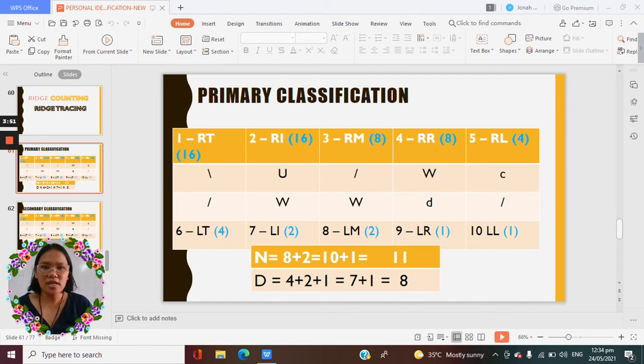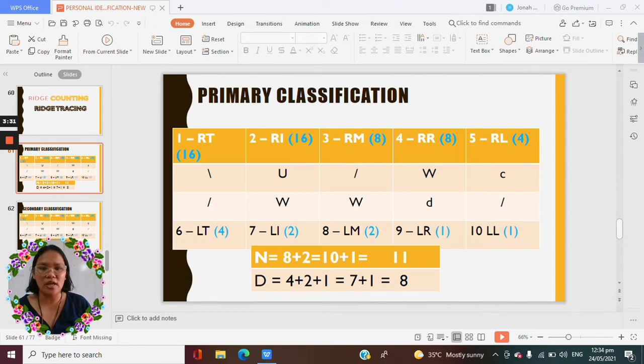Here, you only consider the whorl patterns, which include the plain whorl, central pocket loop whorl, double loop whorl, and accidental whorl. These are given numerical values based on location.